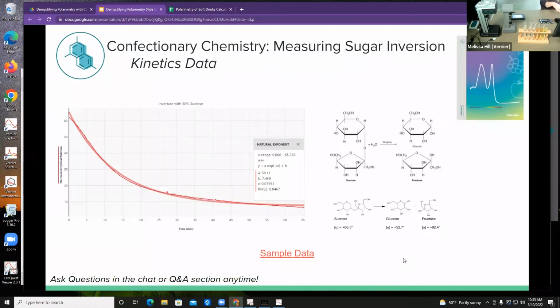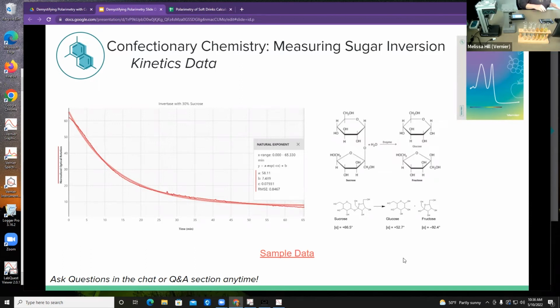You'll see a decrease in the observed optical rotation from the polarimeter. You can also catalyze this reaction with acid. It's really nice in a chemistry environment to have an acid catalyzed reaction and talk about really simple kinetics, but then to build on that with a biological sample with an enzyme gives a lot of great comparison.